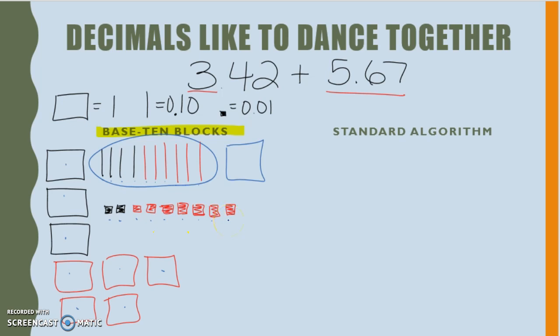And these will stay as 9. So what do we end up with? Oh, not 8. Let's see. What do we have? 1, 2, 3, 4, 5, 6, 7, 8, 9 ones and 9 hundredths. So we have 9 and 9 hundredths.